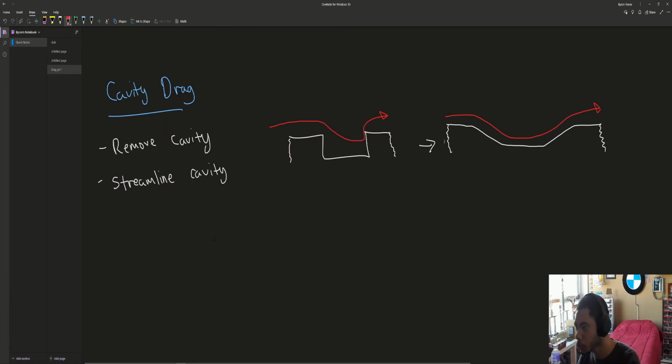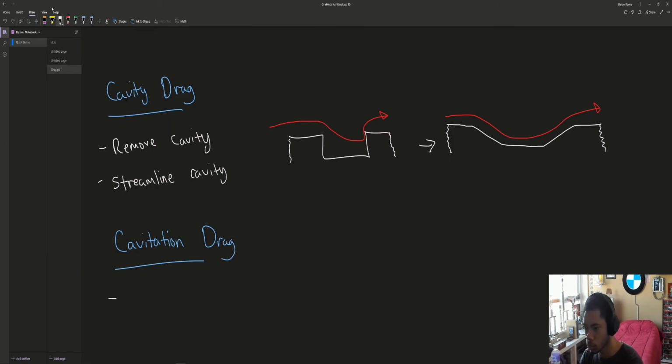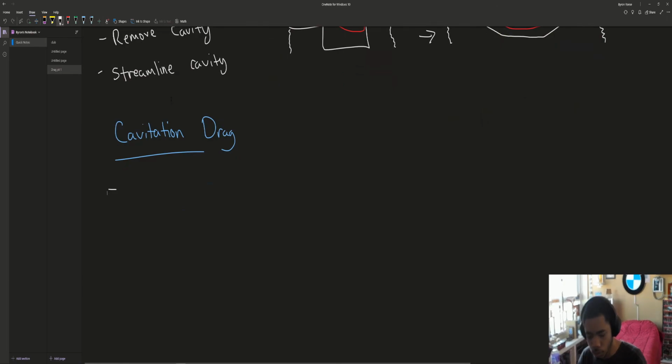Okay. And last up, cavitation drag. Essentially like the transonic for water vessels.